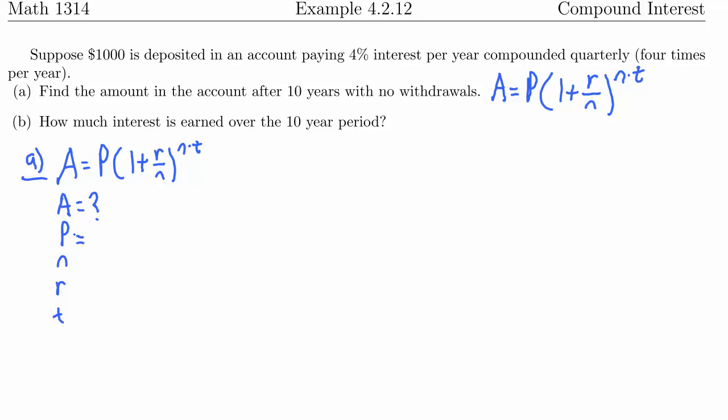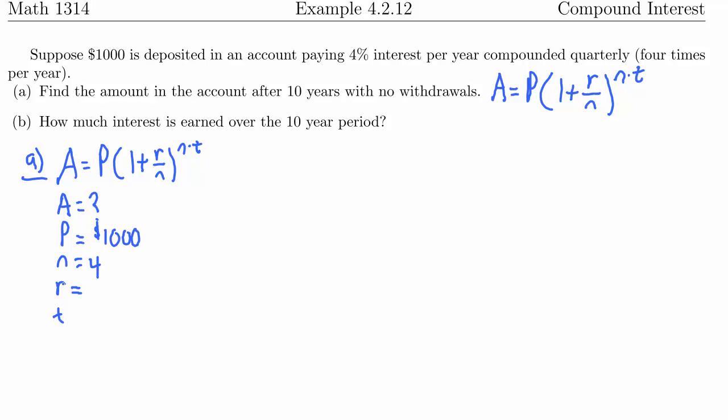P is the principal. In other words, it's the original amount. In this case, you start out with $1,000. That's how much you put into a bank. N, the number of compounding events in a year, in this case will be quarterly, or 4 times per year. So N in this case is 4.